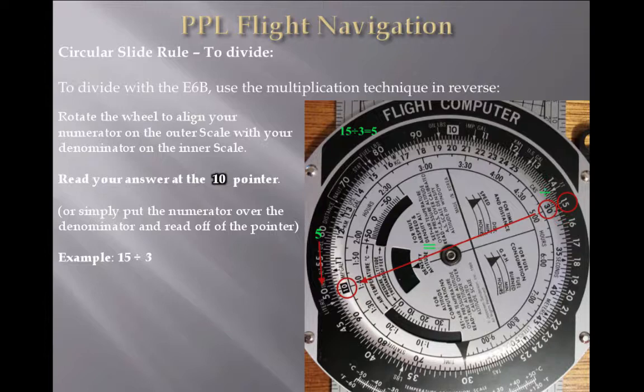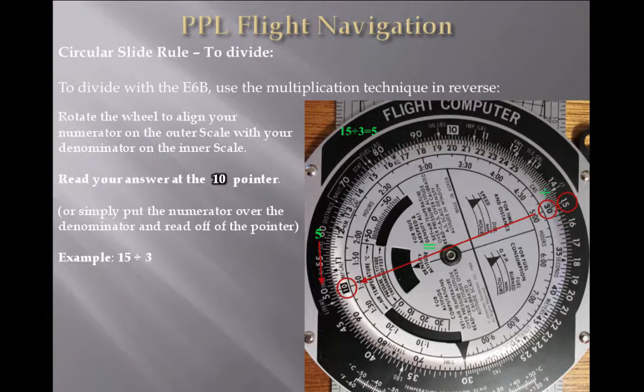So we've aligned 15 divided by 3, or 30 in this particular case. So we've basically created a fraction, 15 over 30, and then we go over to our 10 base pointer, and we can see that the answer is 5.